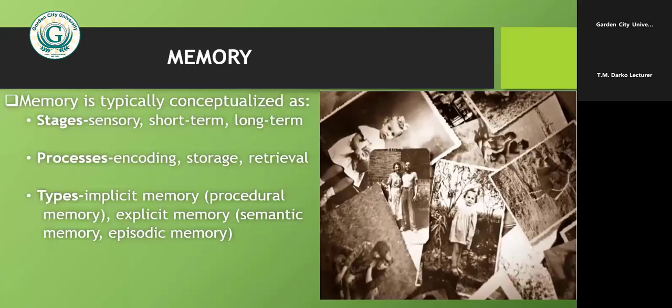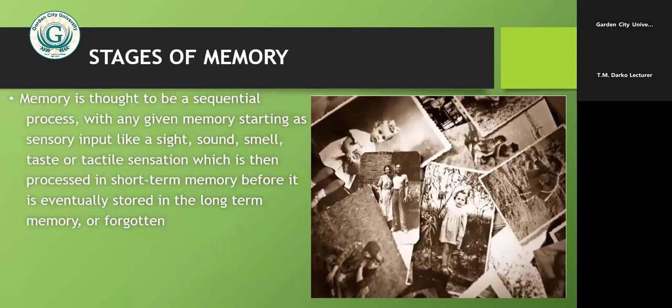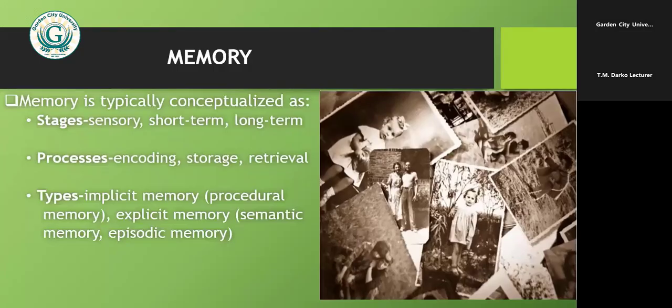Implicit memory and explicit memory. You will see the types very soon. Good. The stages are thought to be what? A sequential process in order.